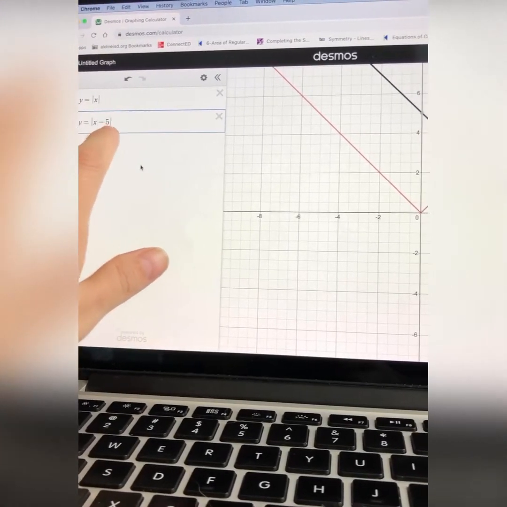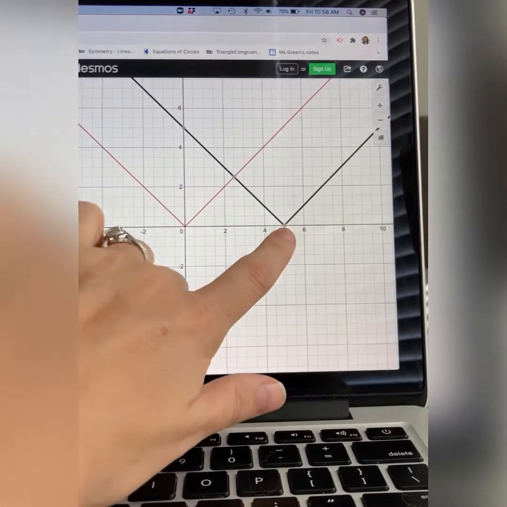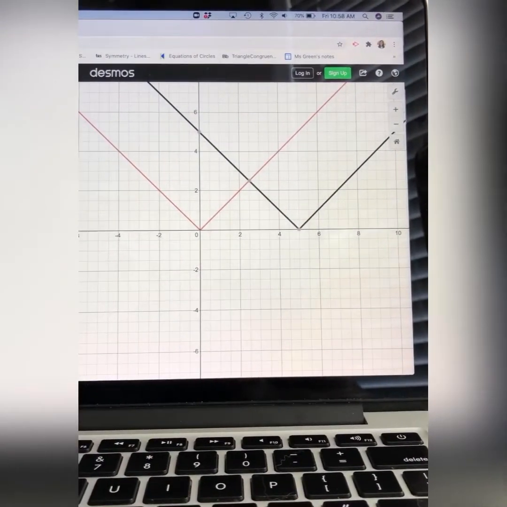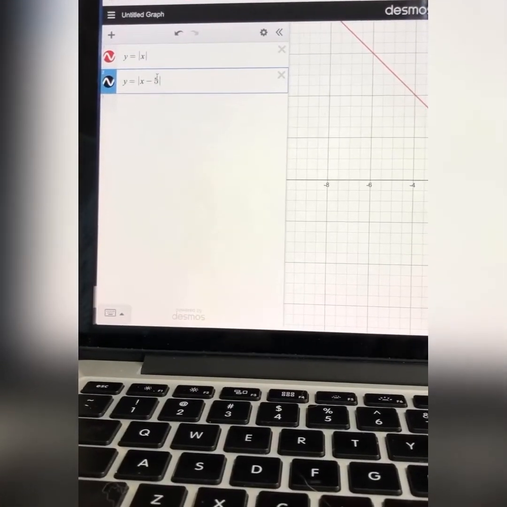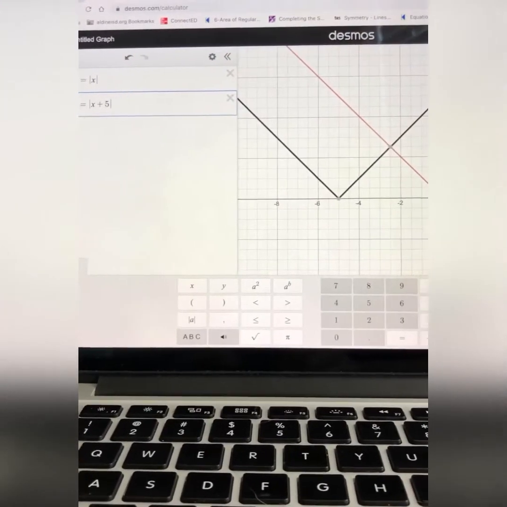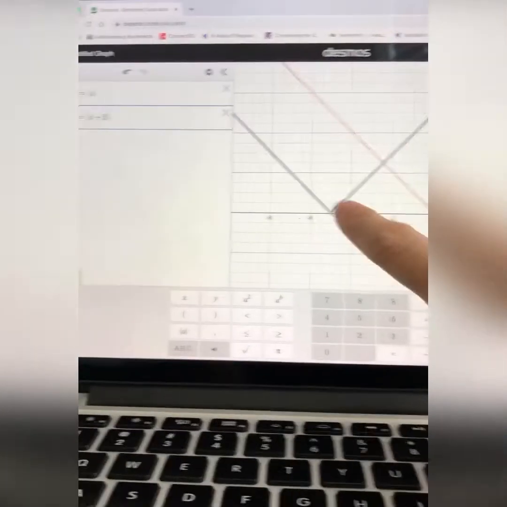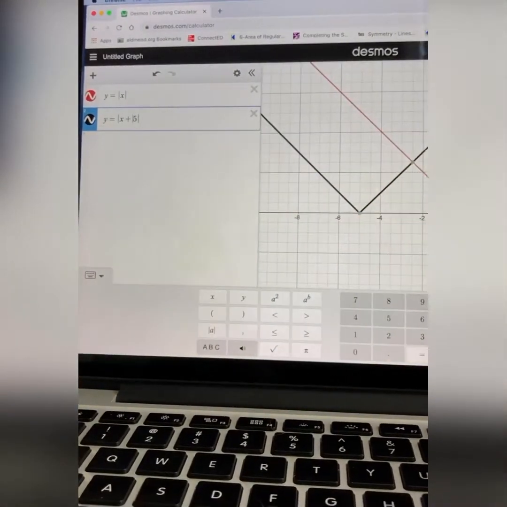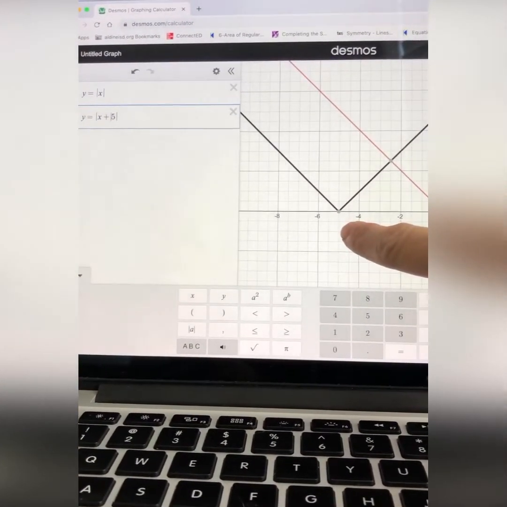So -5 inside shifts our graph right, actually, okay? If I were to have put, say we did +5, adding 5 inside of the absolute value bars, that's gonna shift our graph left, okay?